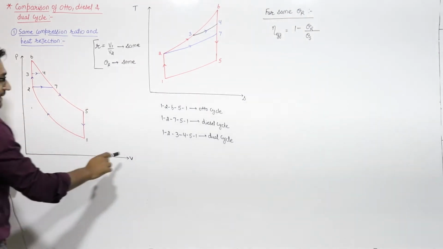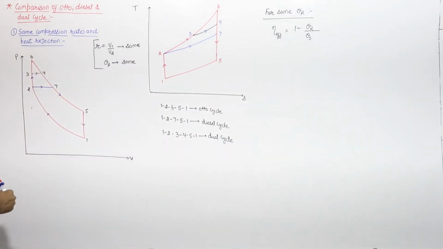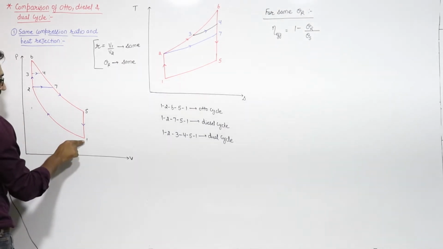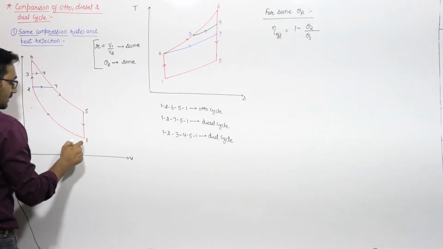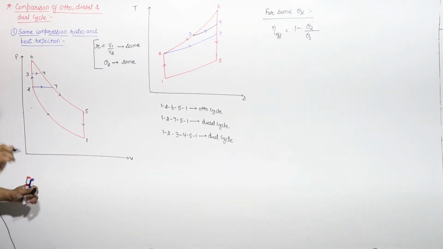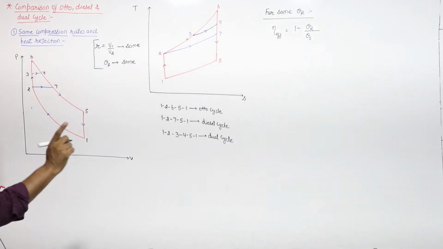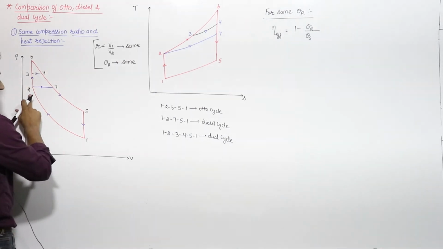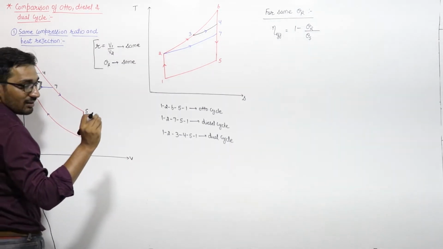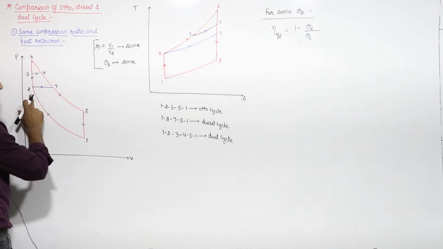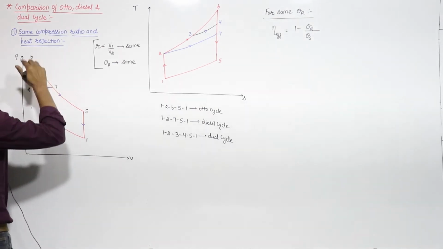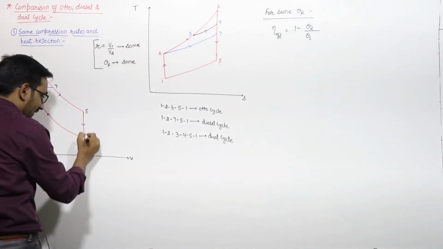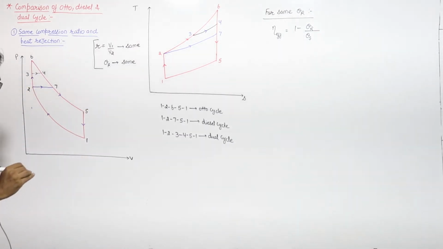So let us say this is a PV diagram, this is the TS diagram. This first process, from 1 to 2, is the isentropic compression. This process 1 to 2 is same for all the cycles. First we will see the Otto cycle: 1 to 2 adiabatic compression, 2 to 6 constant volume heat addition, 6 to 5 adiabatic expansion, and 5 to 1 constant volume heat rejection, right?